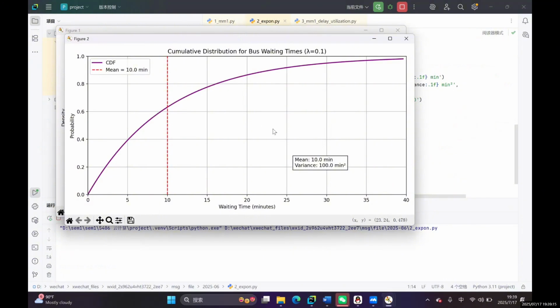So this picture shows the cumulative probability from 0 to 1. The red dashed line marks the mean waiting time of 10 minutes.